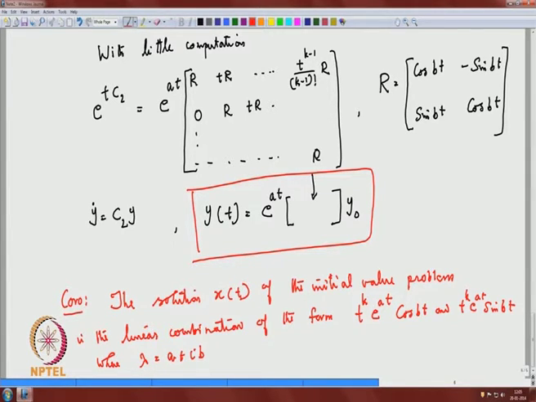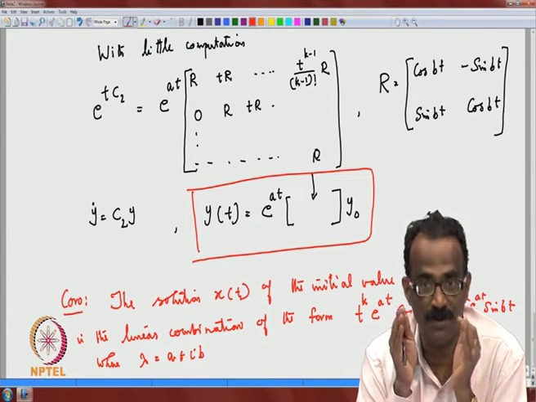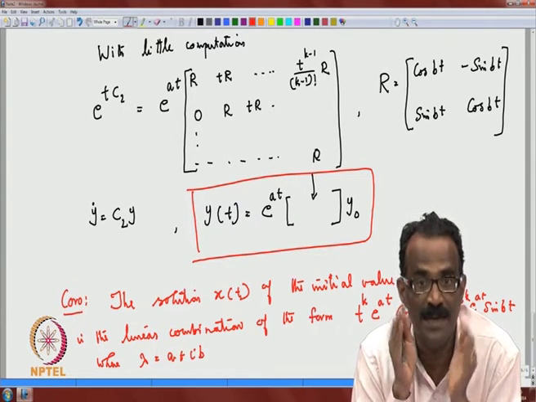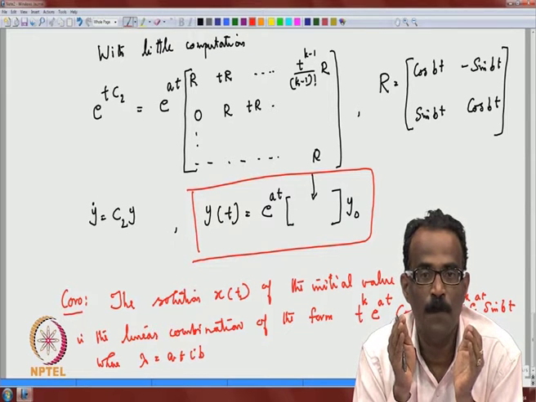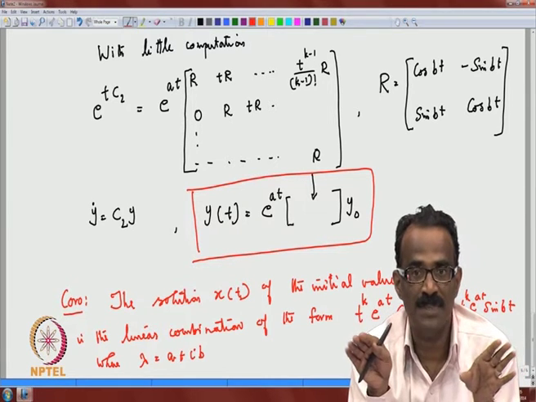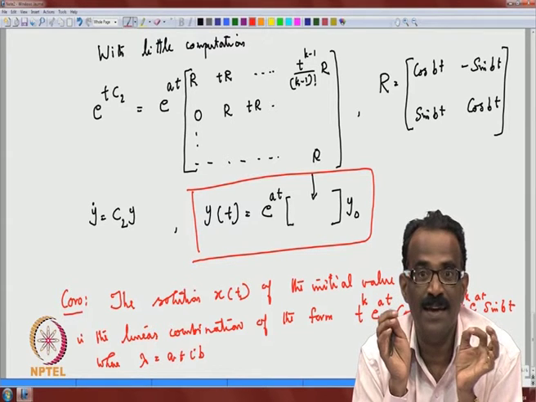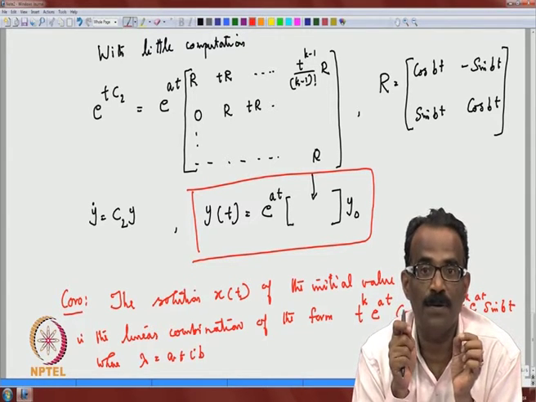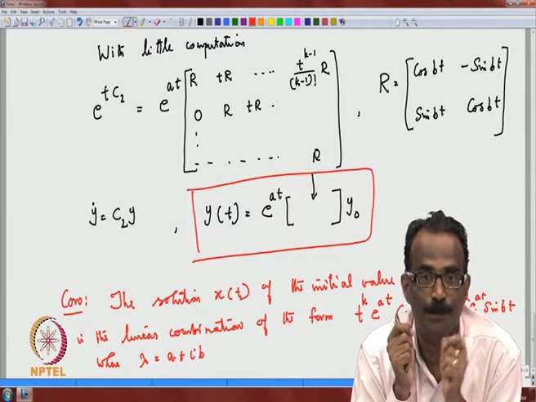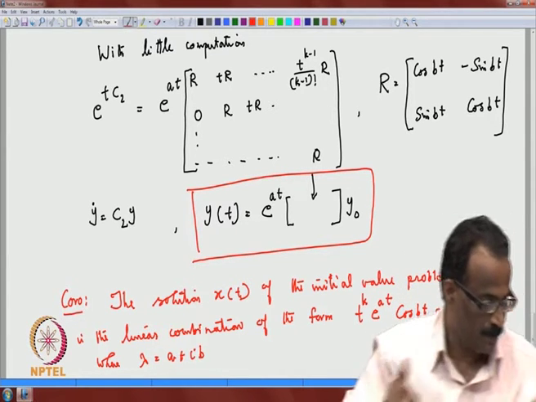If any one of the eigenvalues has a real part greater than or equal to 0, you do not have stability. So x(t) goes to 0 only when the real parts of all the eigenvalues are negative. In that case it goes to the origin exponentially because there is an exponential term. That is one remark.